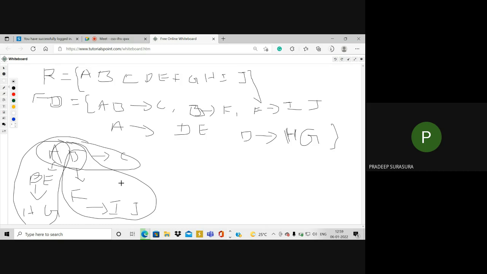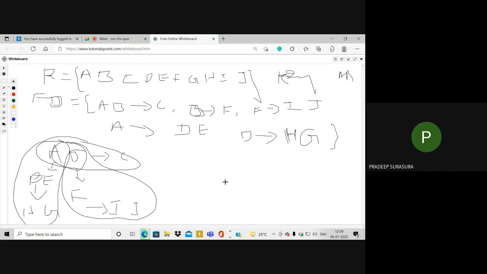Then say, since AB is the key, the FDs B determines F and A determines DE violate second normal form. F is dependent only on B but not on A. Similarly, D and E are dependent only on A but not on B. So these FDs violate second normal form.